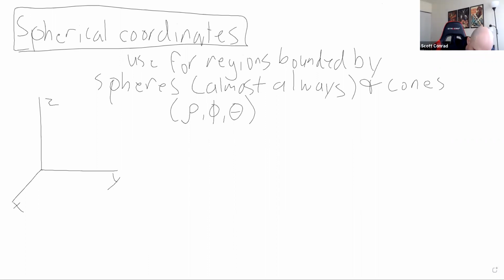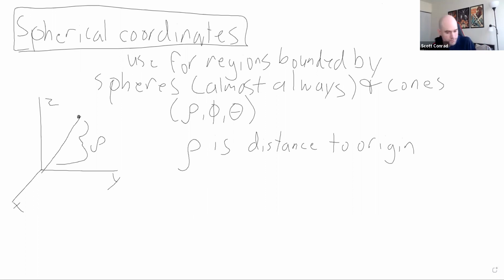So here's what they mean. Rho is going to be the distance of your point to the origin. So that's our rho.